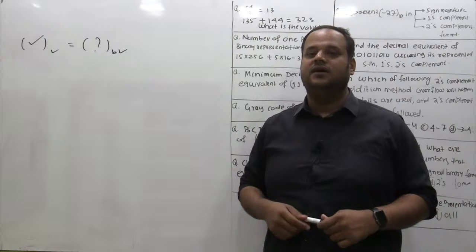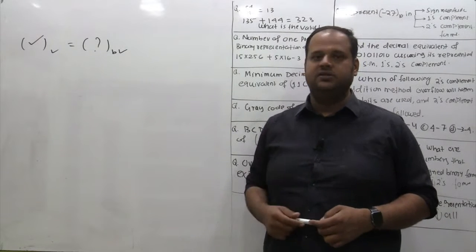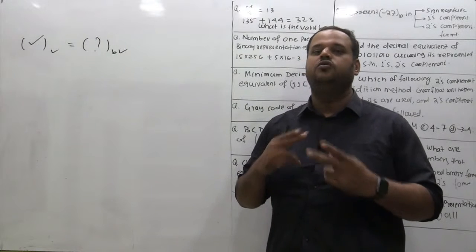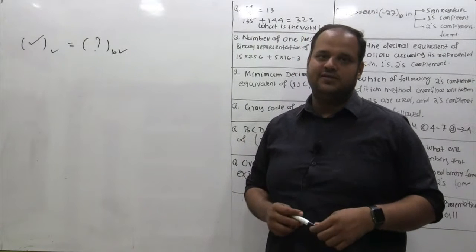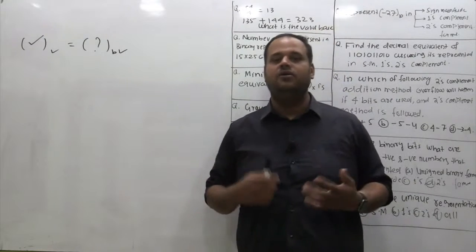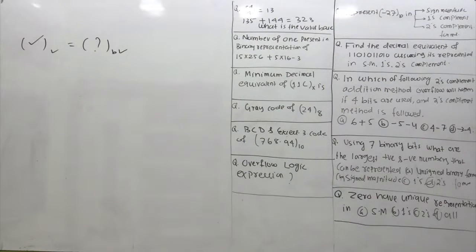Because we are dealing with digital subjects, and digital is based on binary signals, that is logic 0 and logic 1 in general. For number systems, we speak of two kinds of complements, 1's complement and 2's complement. And the majority of the questions we get from number systems are directly or indirectly related to these complement number system concepts.